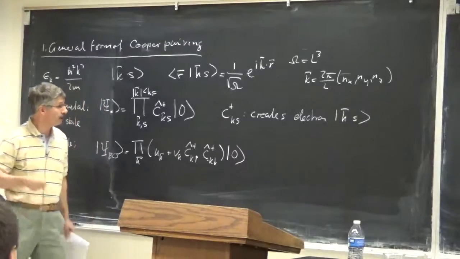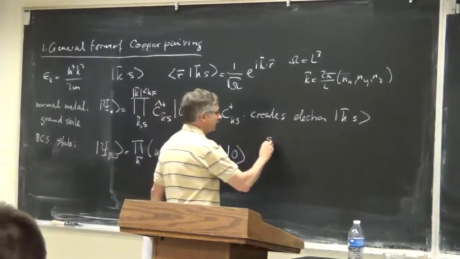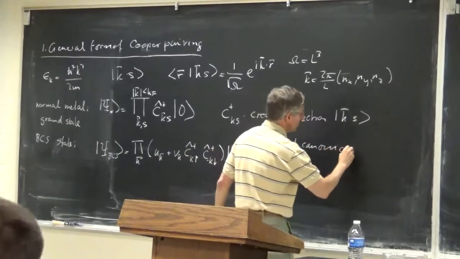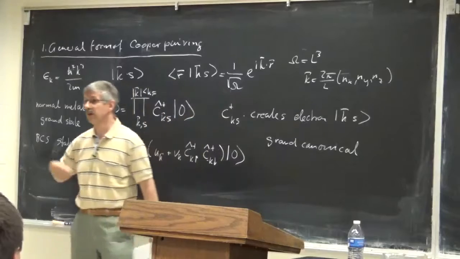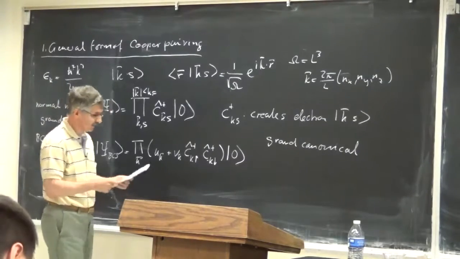So the particle number here is not conserved. So we are in the grand canonical ensemble, and this is very similar to what we do when we look at a Bose-Einstein condensate. So we don't keep the particle number fixed, but leave it open.